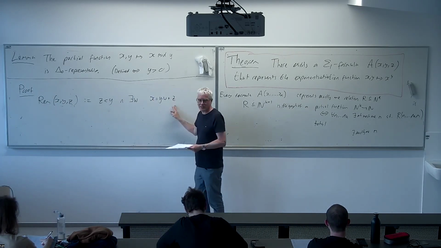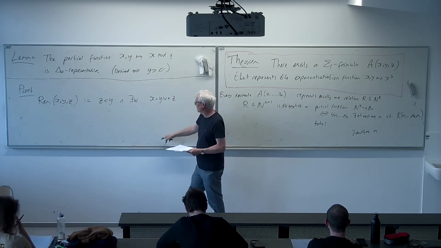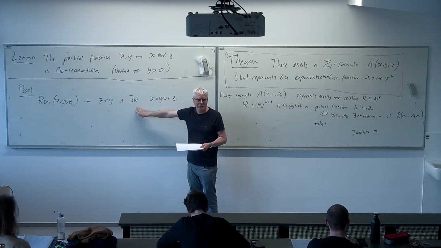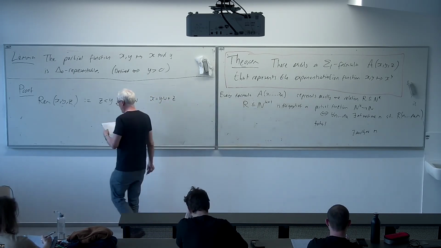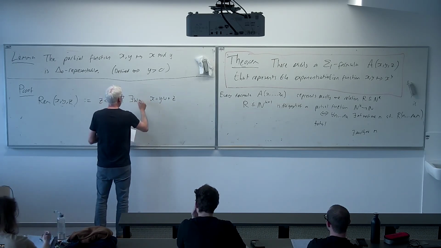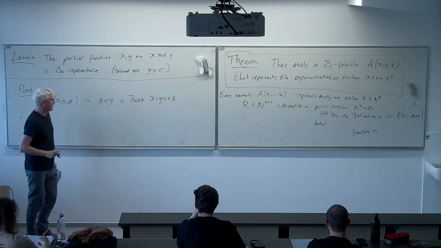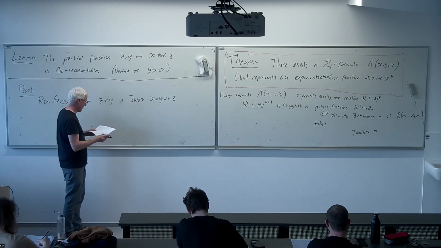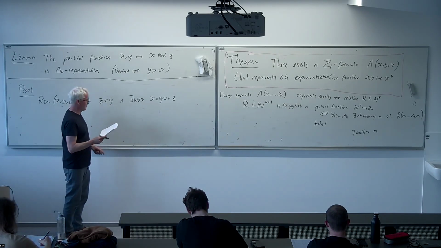That's saying that z is the remainder. Okay, these two things. However, to make it a delta 0 formula, we need to bound the existential quantifier, but it's obvious in this case that we can bound the existential quantifier by, I seem to have got it being less than or equal to x in this case. Yeah, it's obvious. Very straightforward.